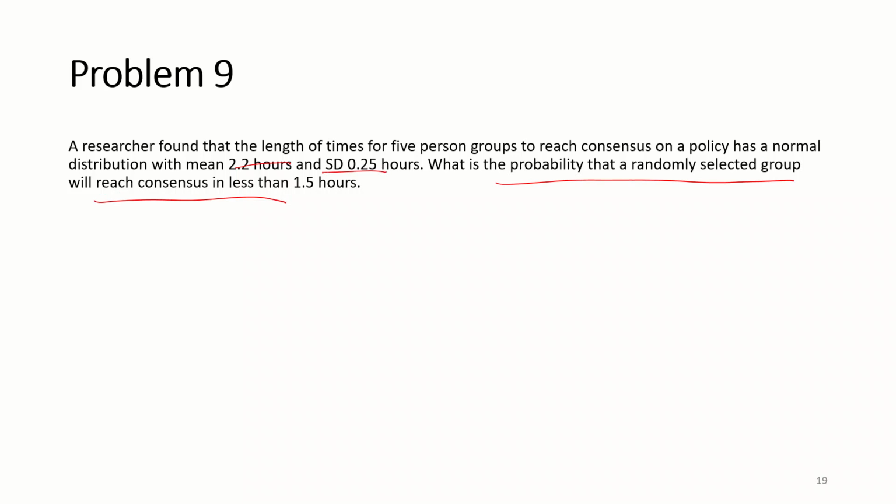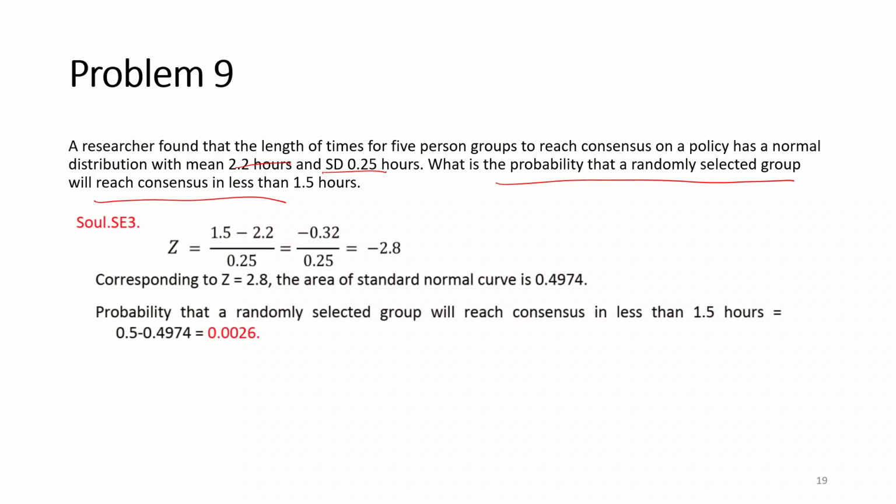So we have the mean, we have the standard deviation, and we have the x value we want to see. So we calculate the z, which is minus 2.8. The area under the standard normal curve is 0.4974.